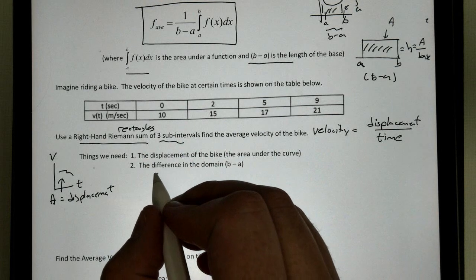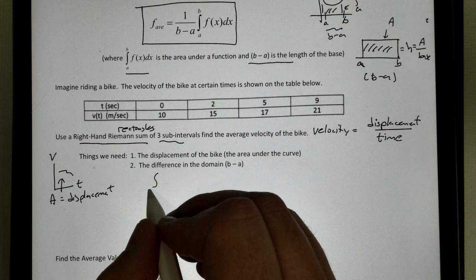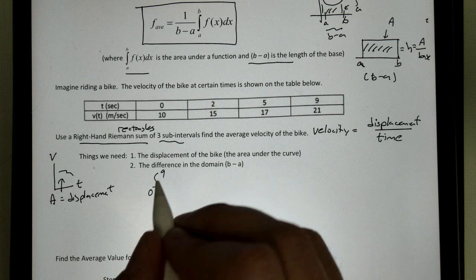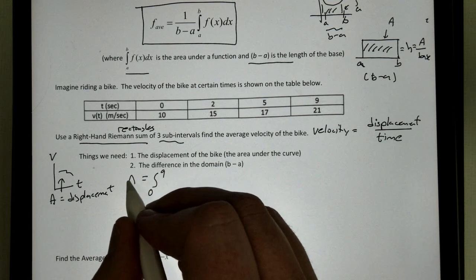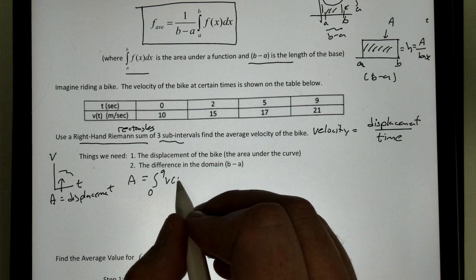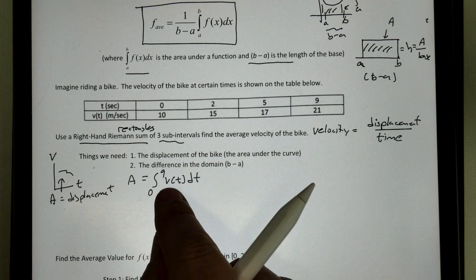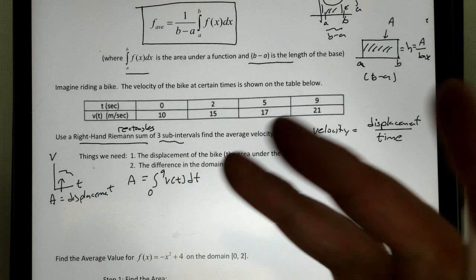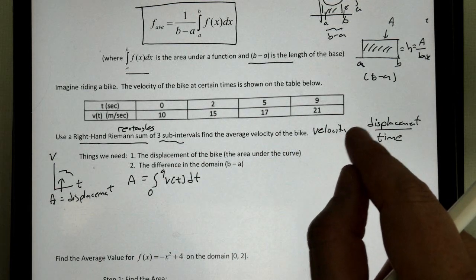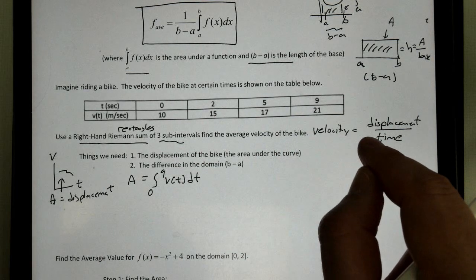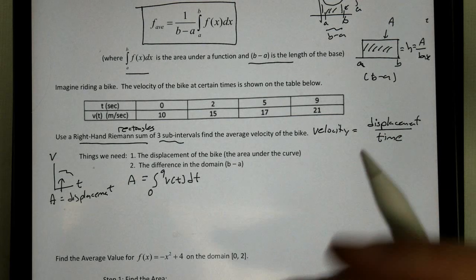To do that, we have to find the area. And this is what our integral will look like: 0 to 9. Remember, integrals find the area of our velocity function dt. If you think about this, it's saying velocity times time, which is again displacement. We can see that here. If I take my velocity multiplied by time, I get displacement.